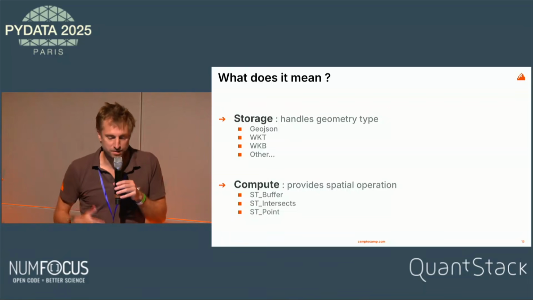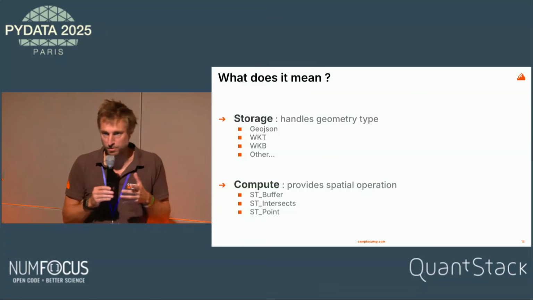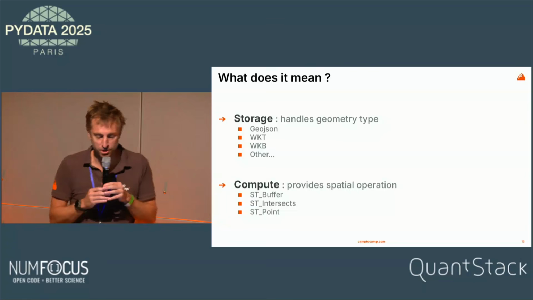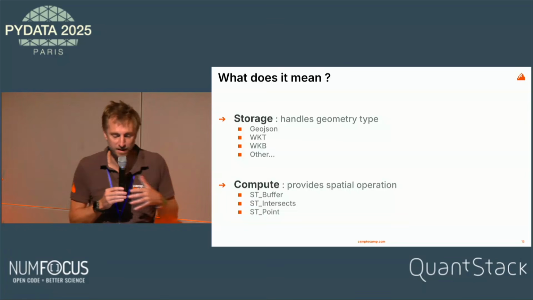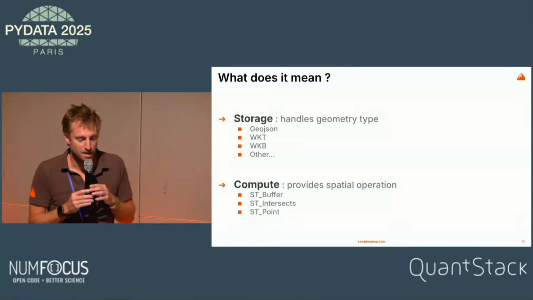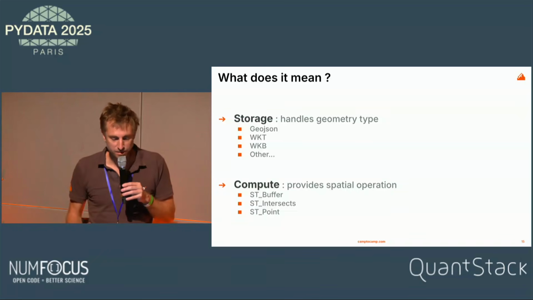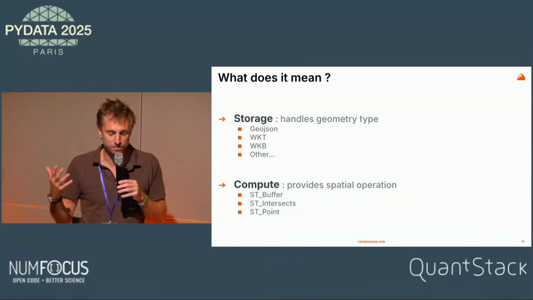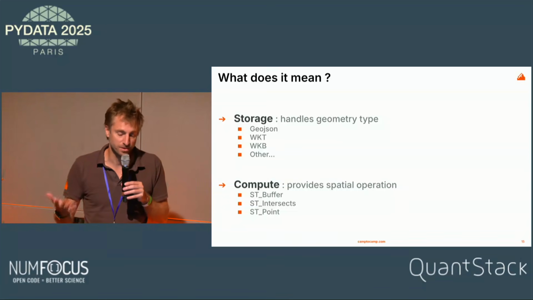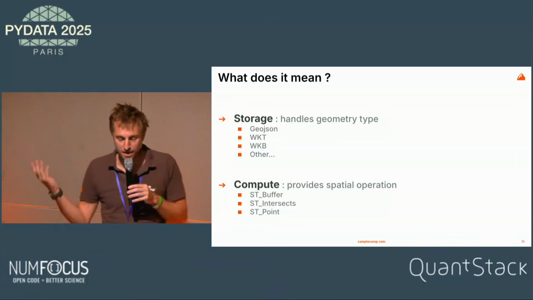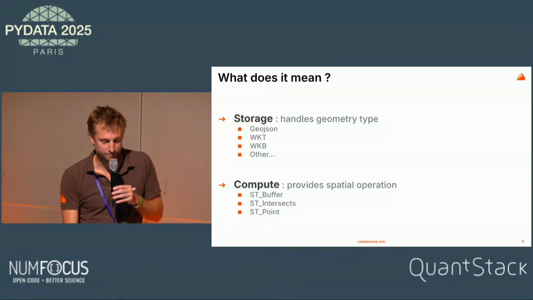And the system could also provide compute operations, like all the ST_ functions that come from PostGIS but have been ported to many other data systems, like BigQuery, DuckDB, and so on. So these are functions to be able to process coordinates and to do stuff with coordinates, like intersection, like buffers, like clipping, like many others.